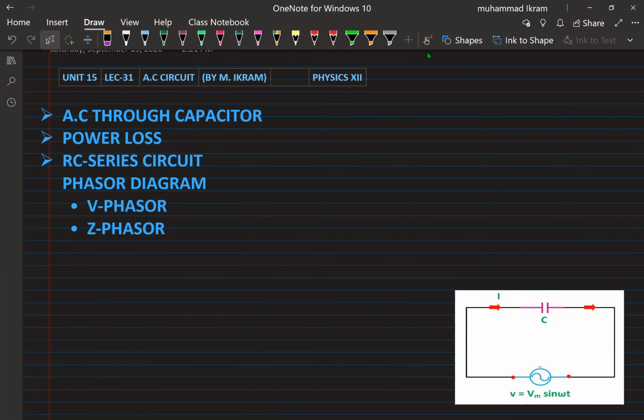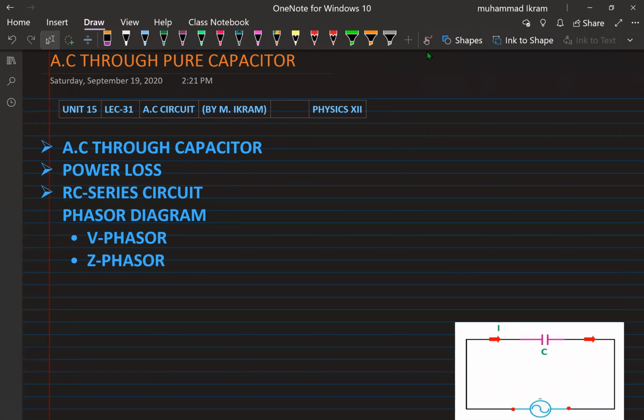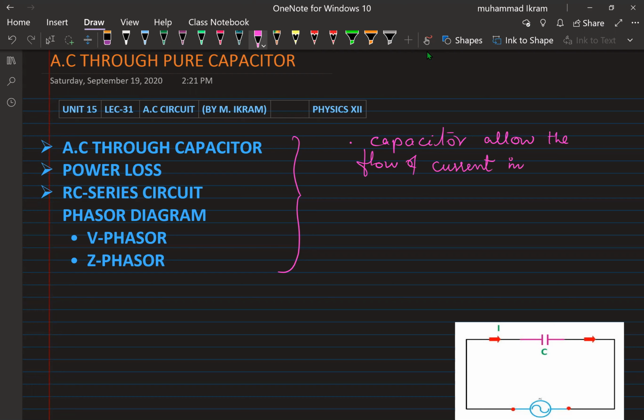Before telling you this, one thing I would like to tell you right from the start, the most important point which you should remember throughout this lecture is this: a capacitor allows the flow of current in an AC circuit.